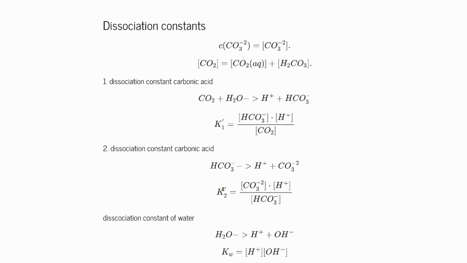with the second dissociation constant, as well as the bicarbonate and H+ concentration. And last, we need the dissociation constant of water, which is called Kw, the product of H+ concentration times hydroxide concentration.